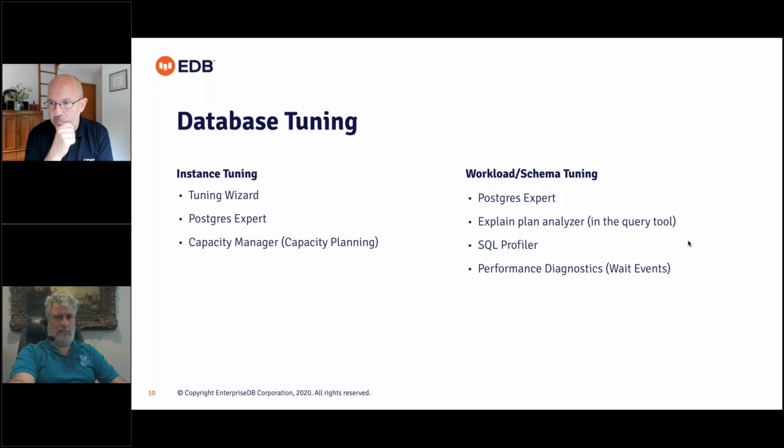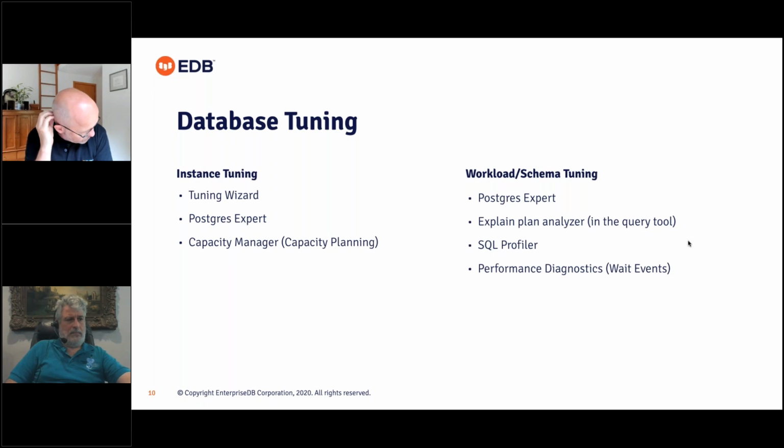So SQL Profiler, you can relate to pg_stat_statements and auto_explain. It is a mix of both. In fact, you can enable or disable SQL Profiler at any point of time.